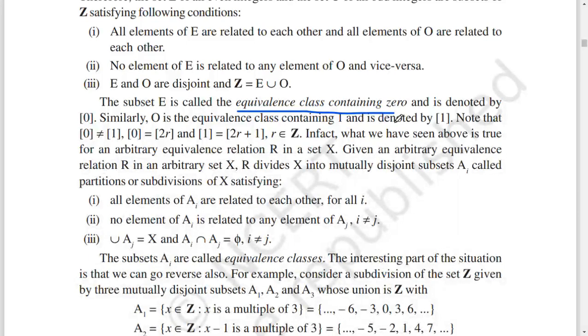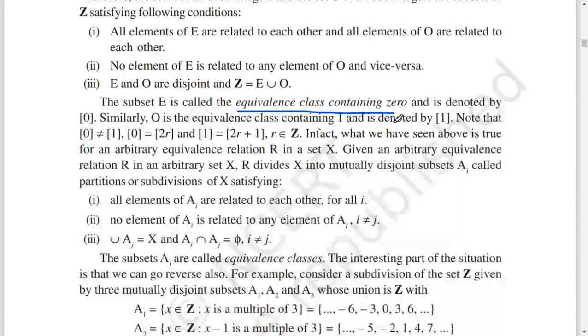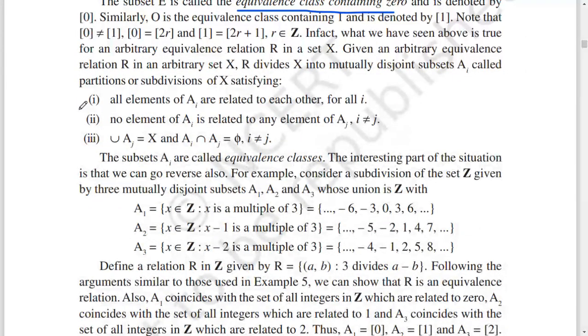Given an arbitrary equivalence relation R in an arbitrary set X, R divides X into mutually disjoint subsets Ai, called partitions or subdivisions of X, satisfying: 1. All elements of Ai are related to each other for all i. 2.